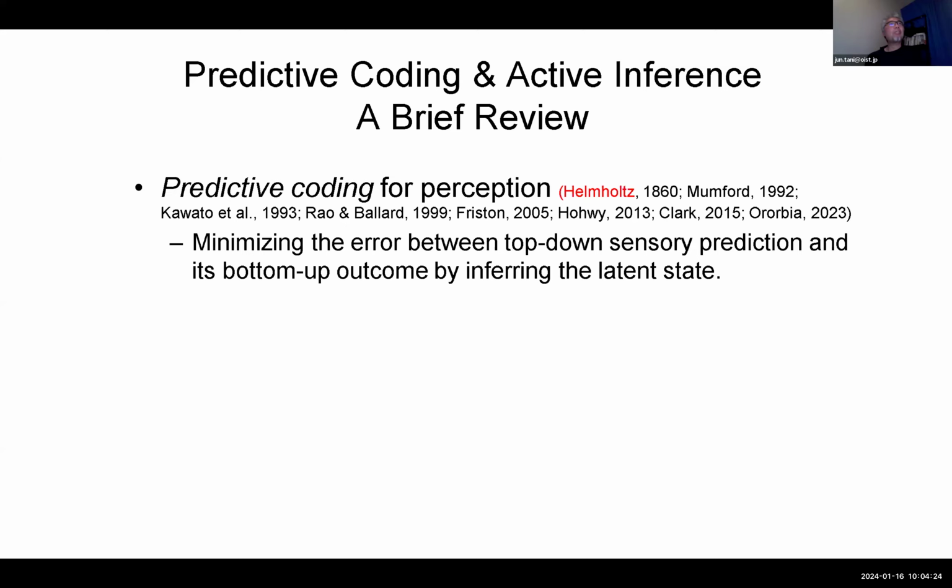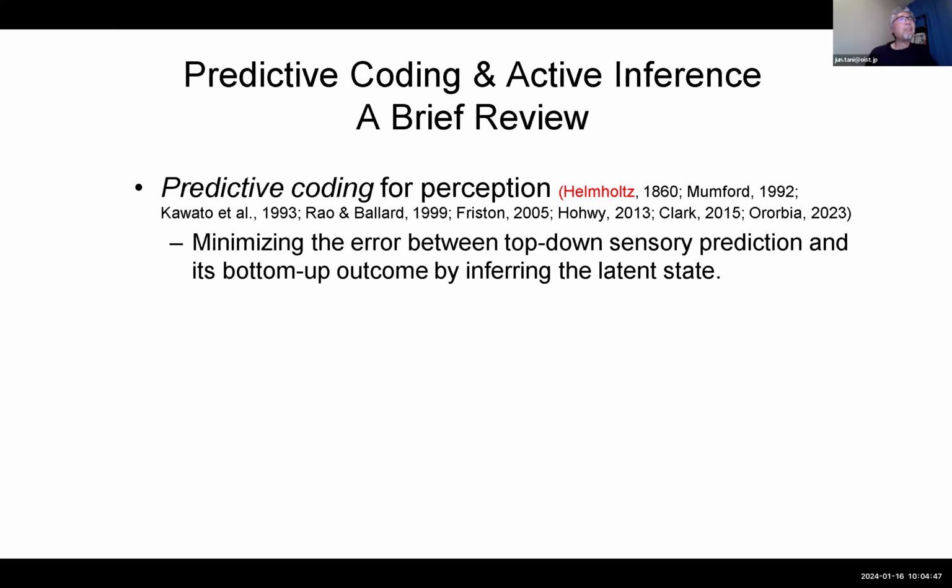So it is based on using a generative model and predicting. Then reality comes, and if there is an error, the error has to be minimized by updating the latent state. If you can infer the latent state, perception is achieved.